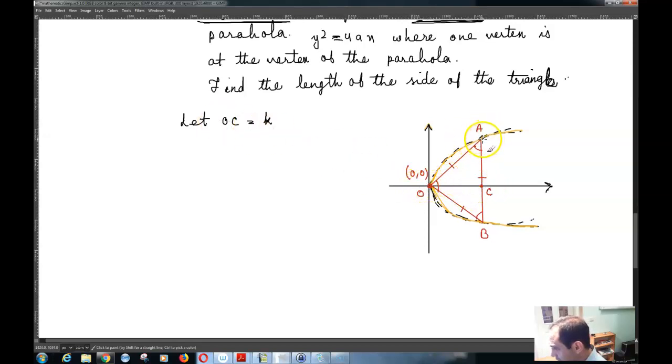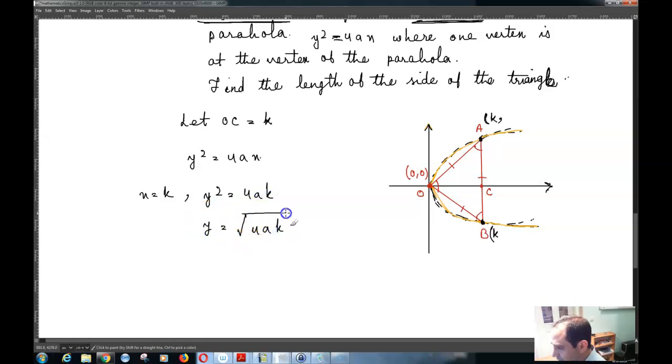If that is the case, then these 2 points over here will have some temporary coordinates, which means that the x coordinate of this point becomes K, and the x coordinate of this point will also become K. And since I know that the equation of the parabola is y squared equals 4ax, now if my x is equal to K, then y squared is equal to 4ak, which means y is equal to plus or minus the square root of 4ak.